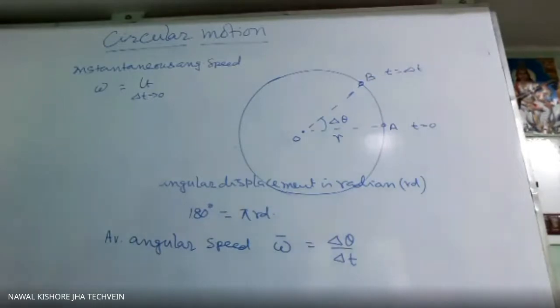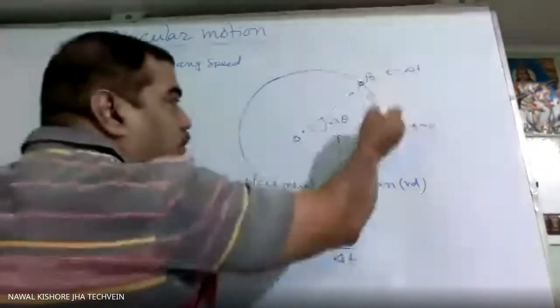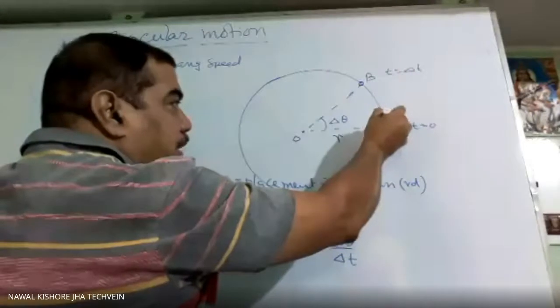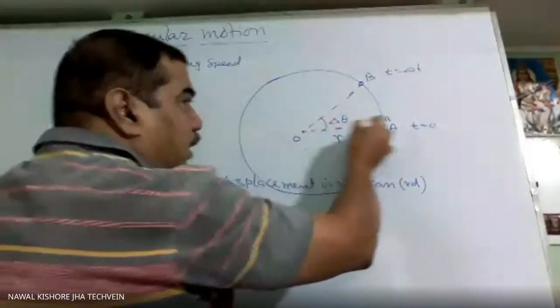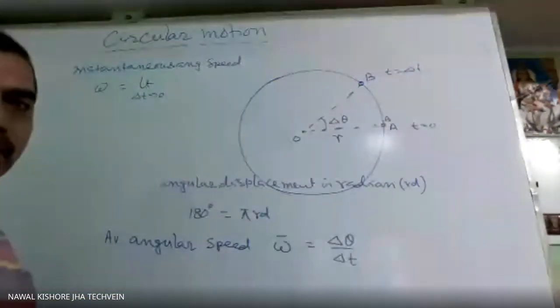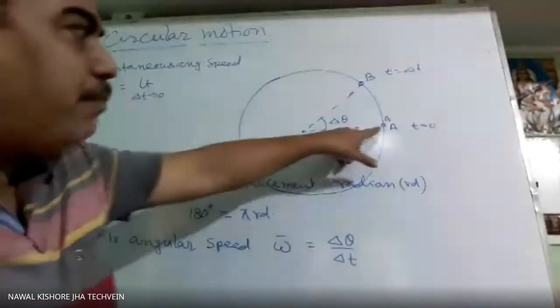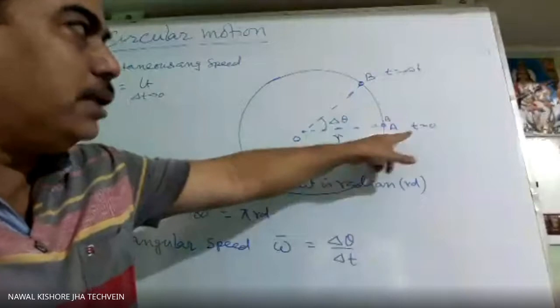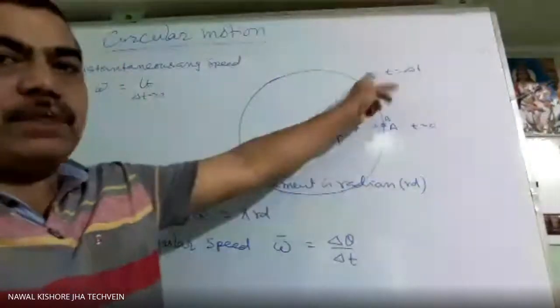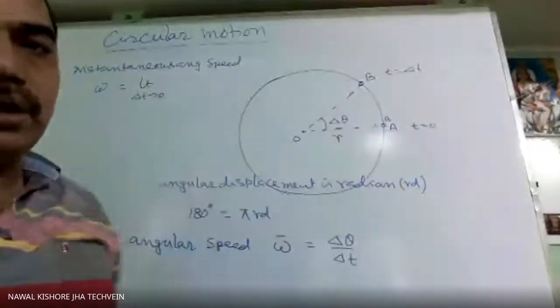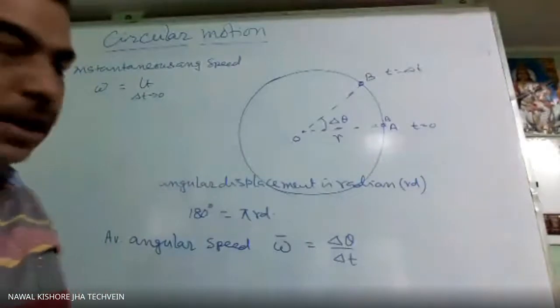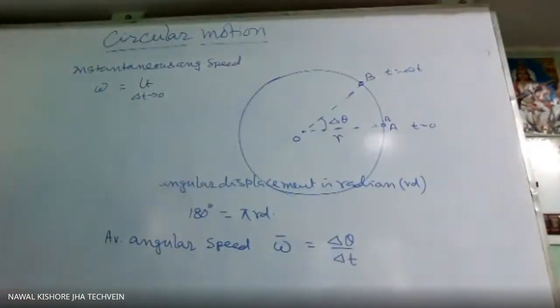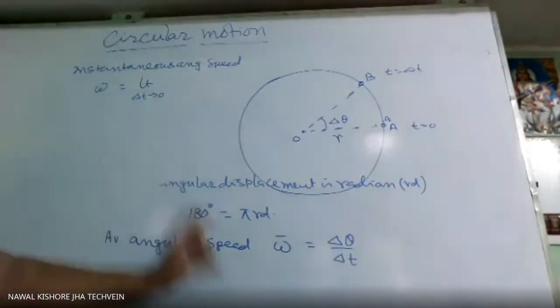That is, when the point B is very close to A, suppose like this B. Then what is the average velocity between this point A and B? When B is very close, that is delta t, the time interval, is approximately 0 or tending to 0, we say in the language of calculus. So we take that one.